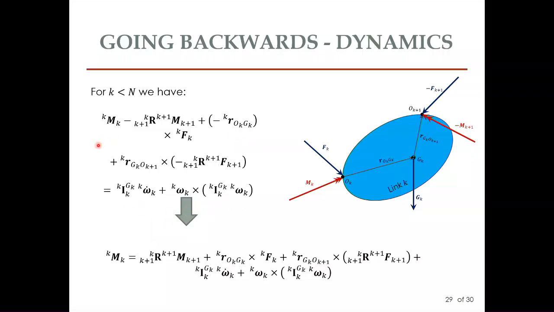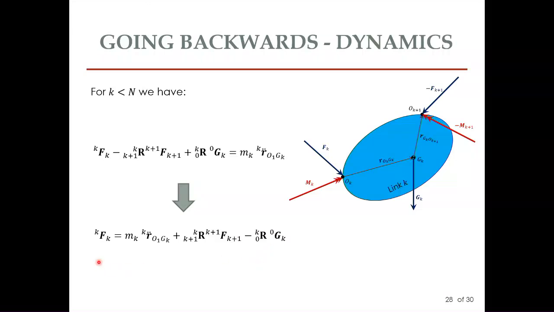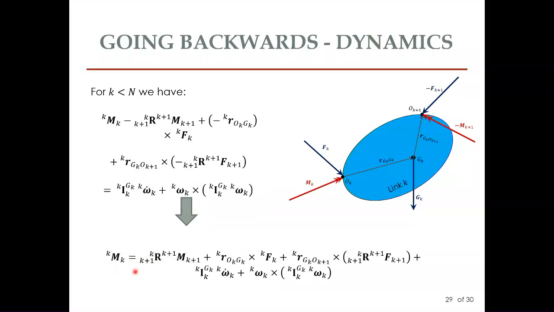Okay, now from here again I can isolate mk, and assuming that fk is substituted from before, you will get everything here known in terms of the different qk, or q1 until qn and their derivatives.